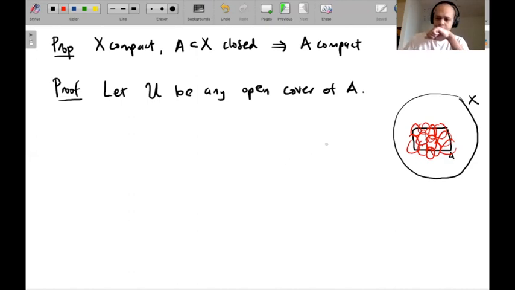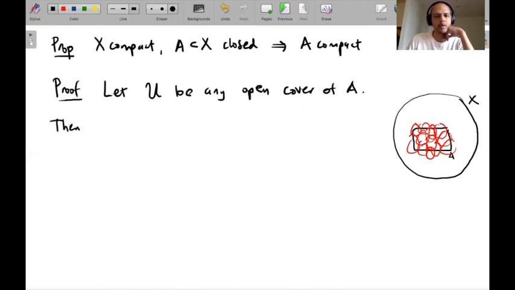Something like this. Well, we know that X is compact, and we'd like to use that. So what we're going to do is increase this open cover of A to an open cover of X.